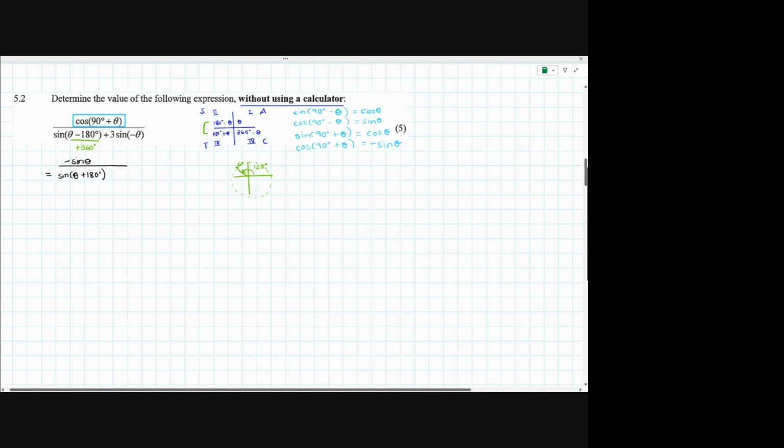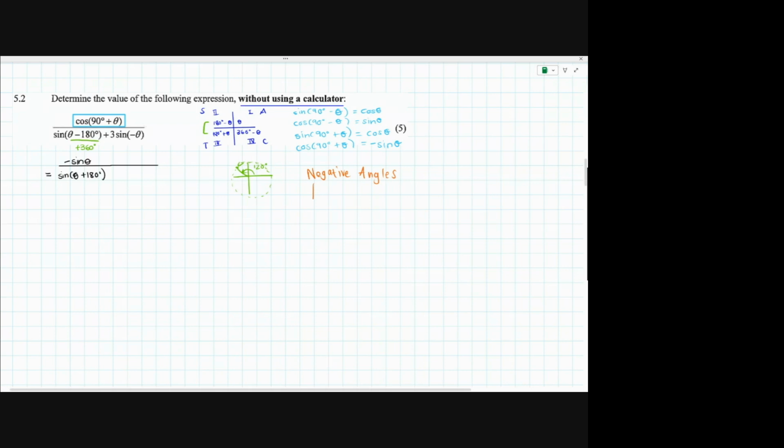Right, when we then go to the second term in our denominator, that plus 3 times sine of negative theta, we now need to think of our negative angles. Okay, so there's actually a lot that we have been tested on here. Right, so negative angles. Usually we measure an angle from your positive x-axis counterclockwise.